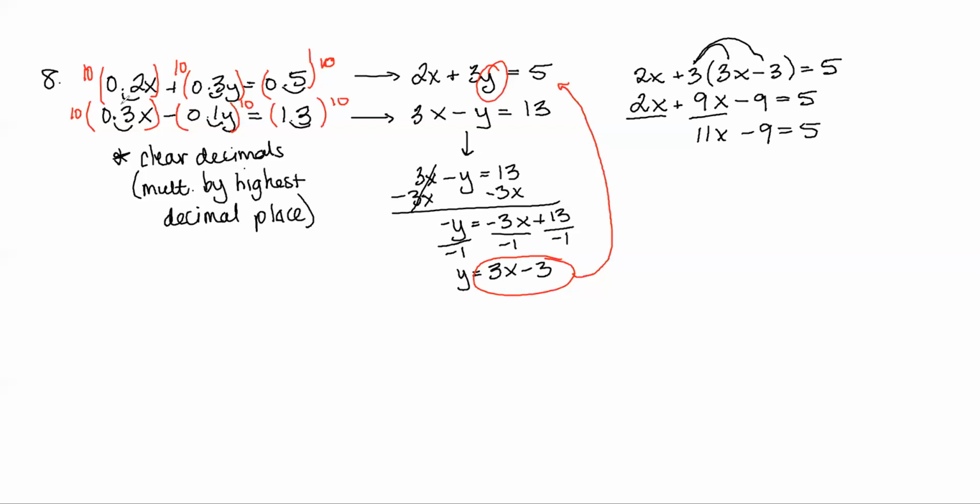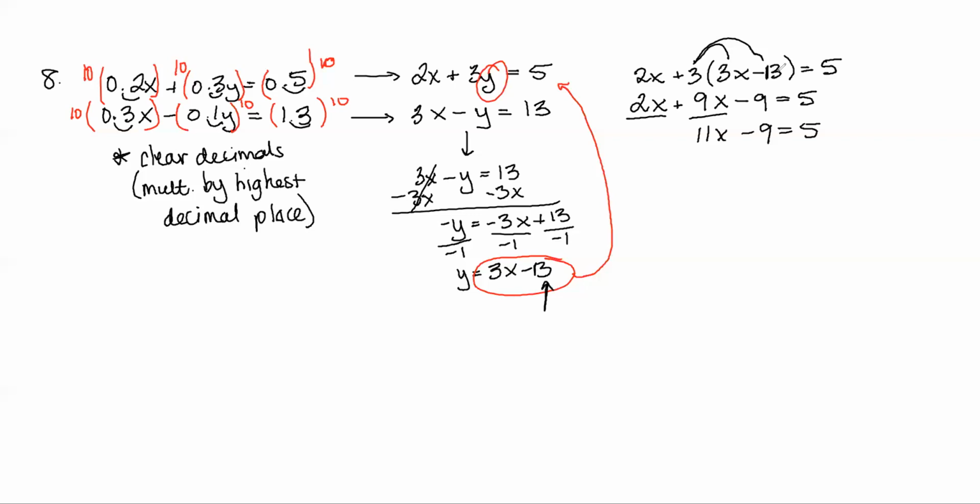Okay, so we multiply by 10, 2x plus 3y equals 5, 3x minus y equals 13. Solve this for y. And, oh, that's why. Okay, so right down here where we were, I think I said negative 13, I wrote negative 3. So make sure this is a negative 13 right here. So it should be a 13 here.